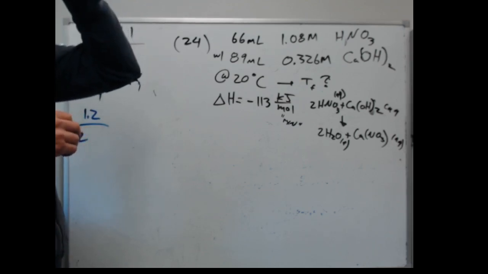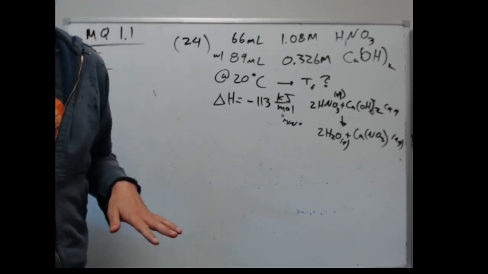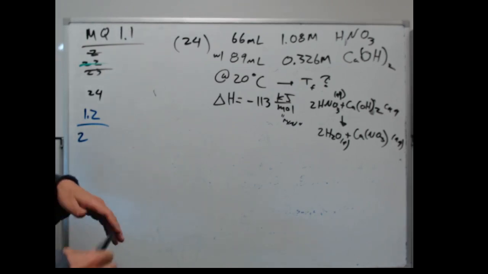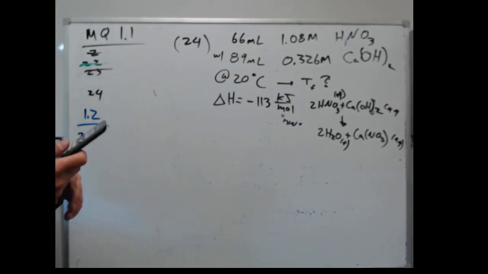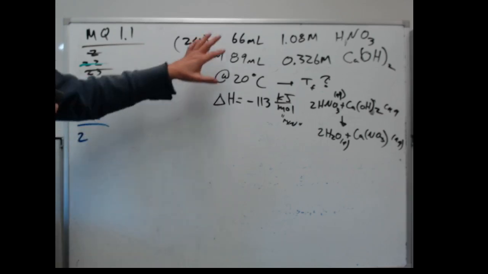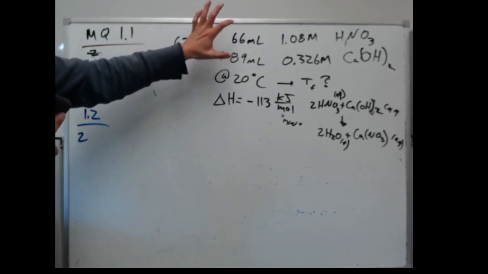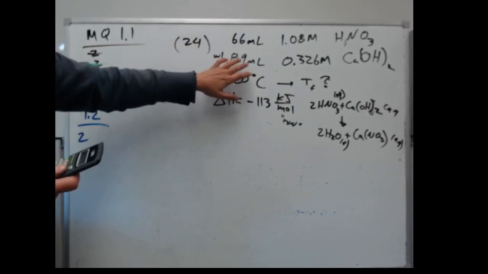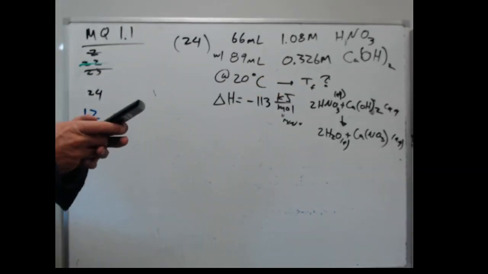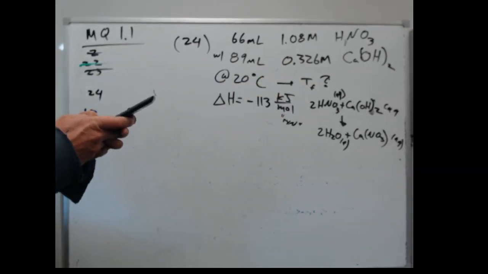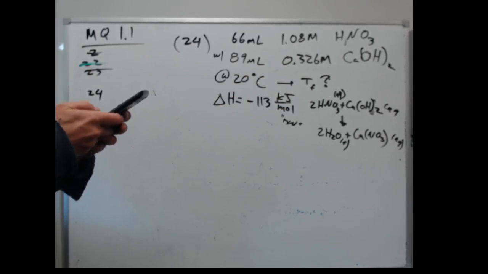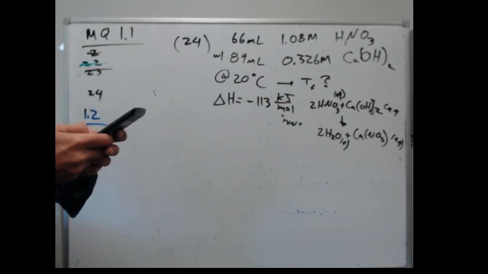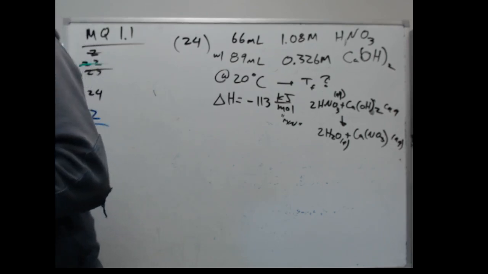So, in our thinking here, I did this thinking with somebody yesterday, and they thought it was really interesting. Keeping in mind that when we have solutions like this, it's mostly water. The way we can think about it is, if I figure out how many moles of calcium hydroxide I have, I've got 0.326 times 89 divided by 1,000 times the molecular weight.